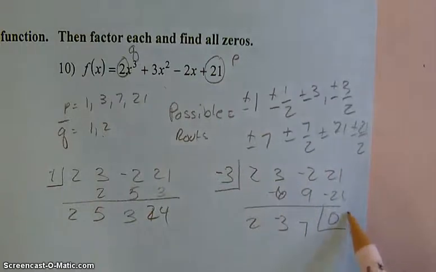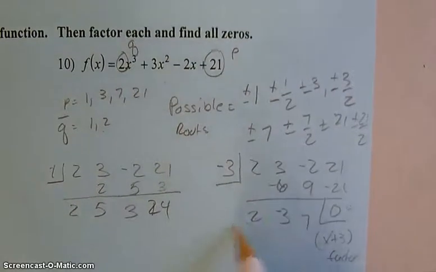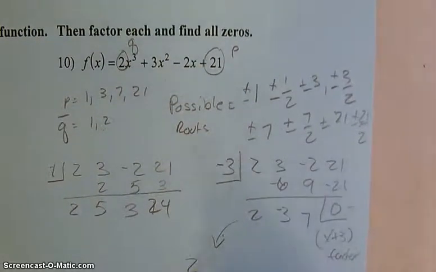So this tells me that x plus 3 is a factor, so that's one of my factors. Okay, so now I'm going to take this down here to 2x squared plus 3x plus 7, and we need to solve that.